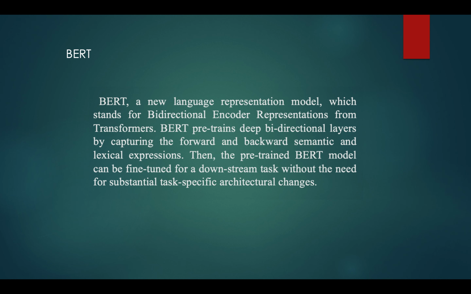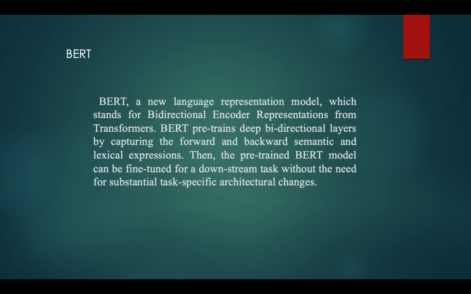BERT, like I introduced before, is also a very important part of my model. It's a new language representation model, which stands for bidirectional encoder representations from transformers. BERT pre-trains the bidirectional layers by capturing the forward and backward semantic and lexical expressions.